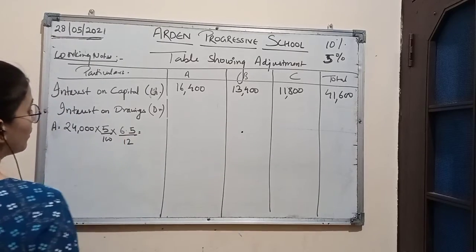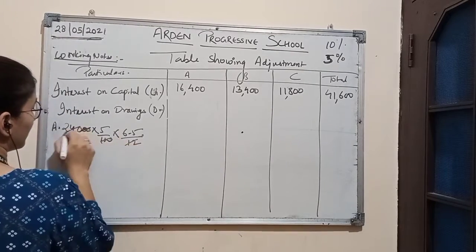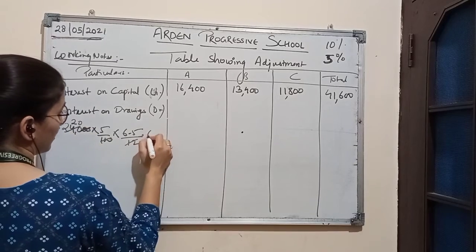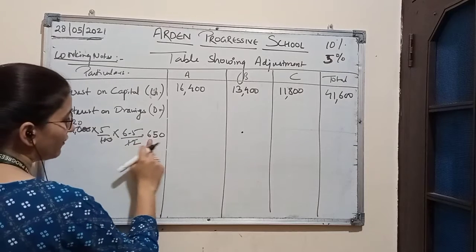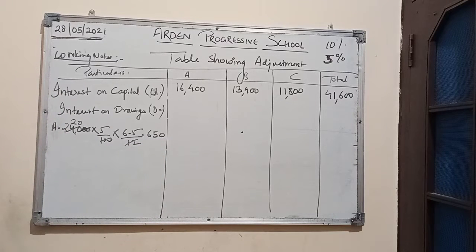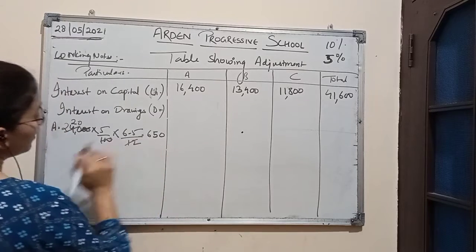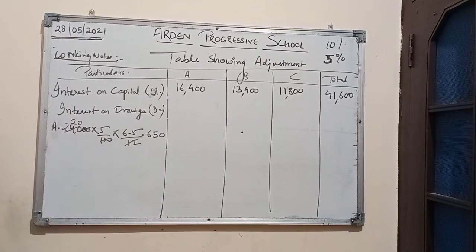So here the amount will be 650. So 650 is the interest on drawings which is to be paid by the partner, but the firm has omitted or has not recorded this amount in the P&L appropriation account.